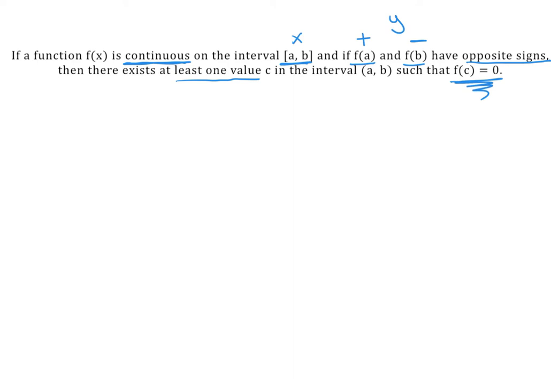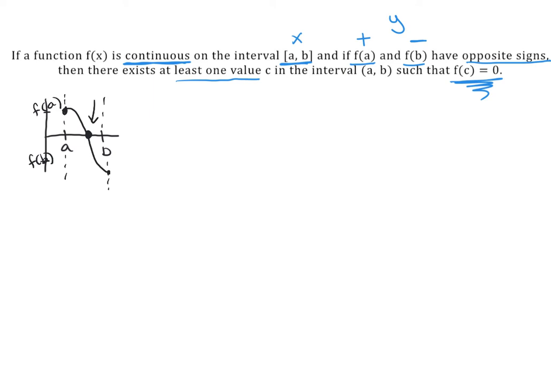So I'm going to draw a little picture similar to the last one. I've got the interval from A to B, f of A is positive, f of B is negative, and if there is continuity from A to B, then there has to be a value on this interval where I have a 0.